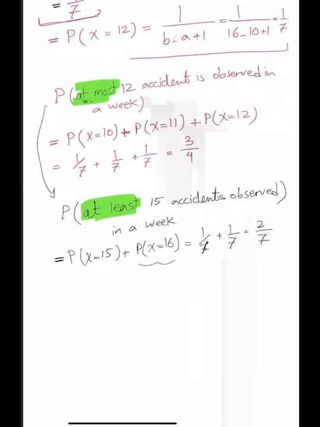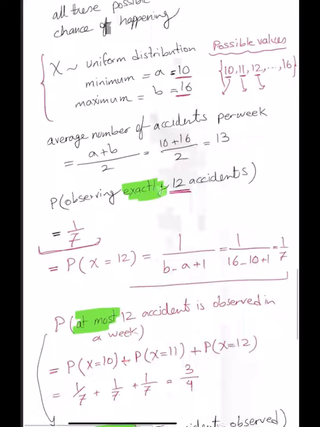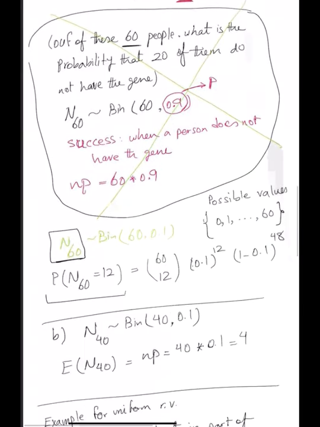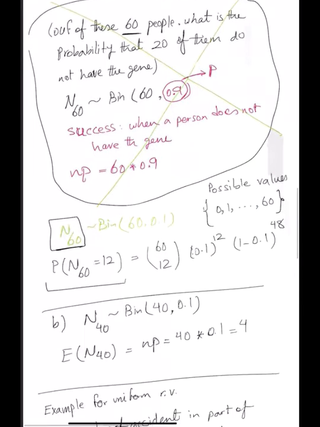What is the probability that, for example, for the binomial examples that we just had here, experimenting on 60 genes, we find at most 12 people that have the gene, as opposed to exactly 12 people that have the gene? If I ask you what is the probability that at most 12 people have the gene, then you have to calculate the probability of n equals 0, 1, 2, 3, all the way to 12 and add all of them together. Okay.